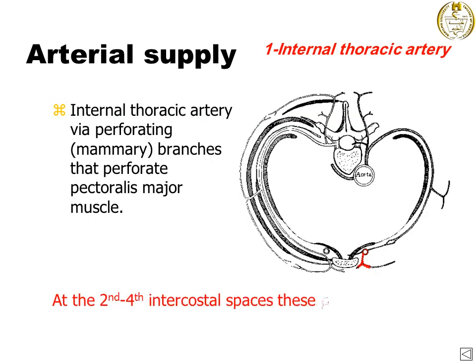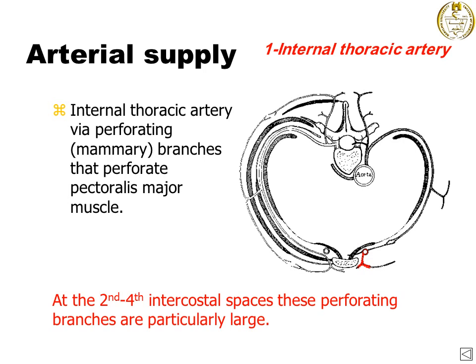Arterial blood supply. First, blood supply is by the internal thoracic artery, by the perforating mammary branches that perforate the pectoralis major muscle. The internal thoracic artery is one of the branches of the subclavian artery.